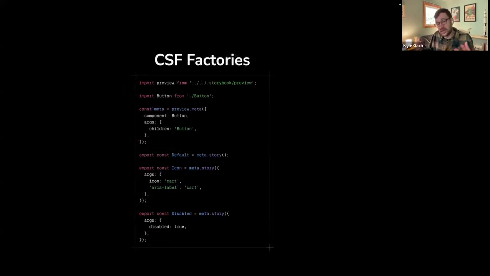So within CSF Next, there's something we call CSF factories. And so now the meta is created by doing preview.meta. I'll show you what preview is in a second. So that creates your meta. Notice there's no type assignment whatsoever, but you still have full type safety. And then from the meta, that now has a story method. So meta.story is how you create the stories.